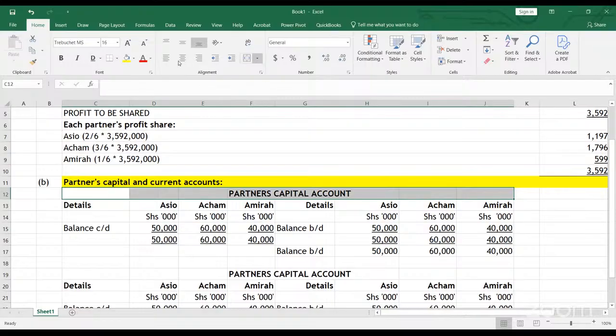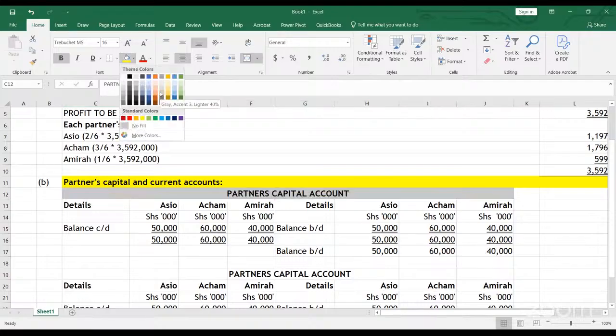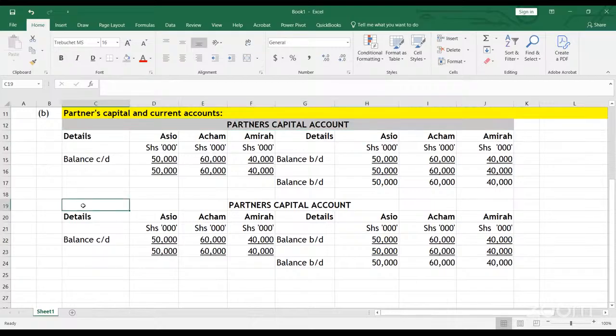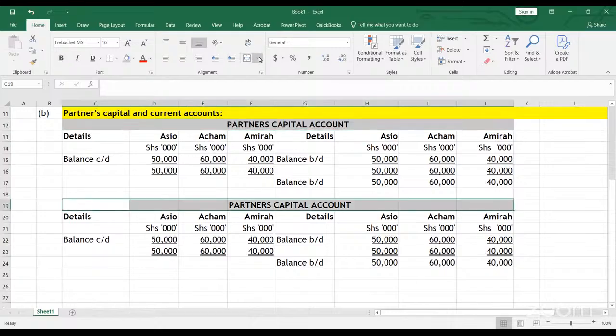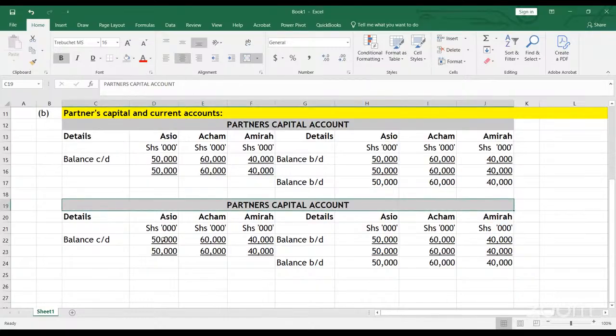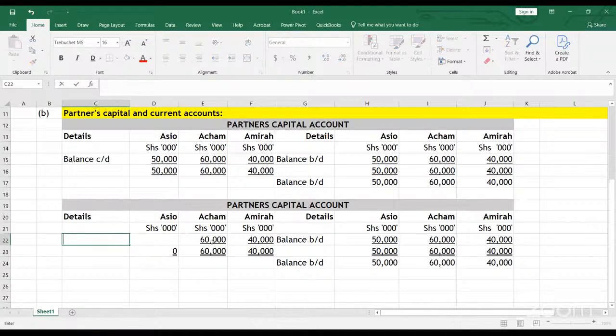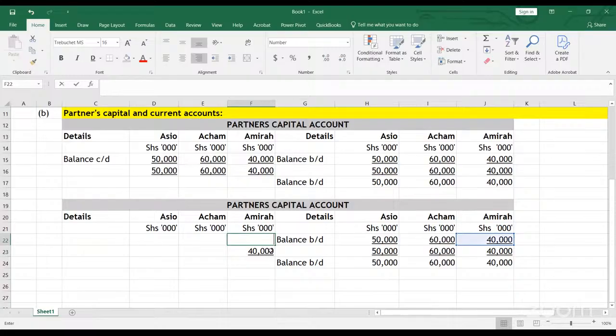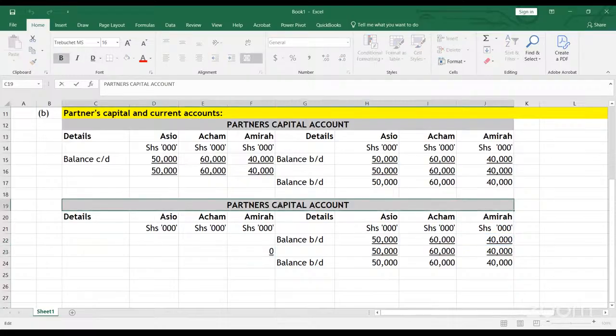This was capital. Now I want to prepare the partners' current account balance. So let me remove these, because now this is current. Partners' current account.